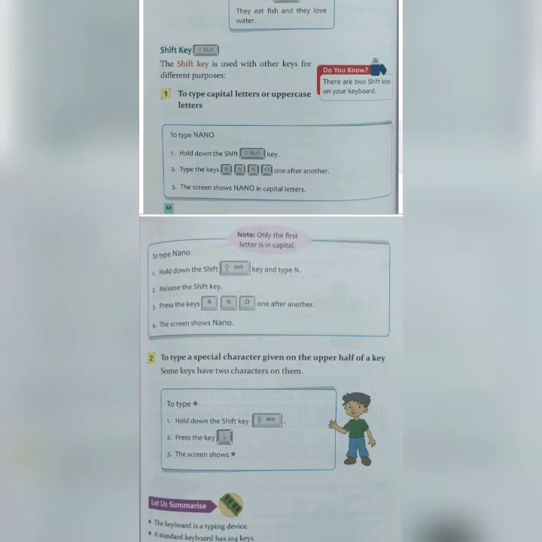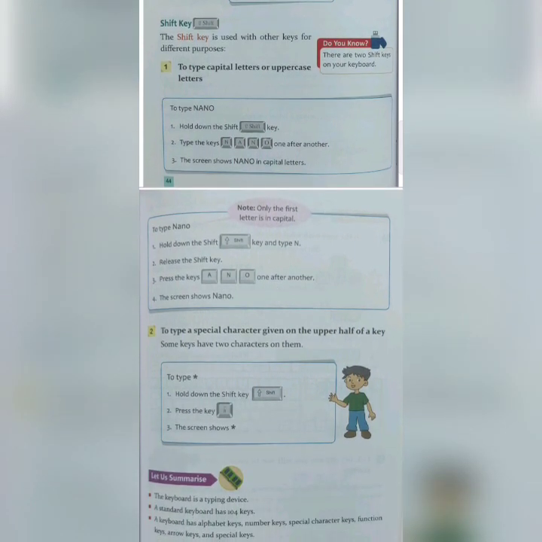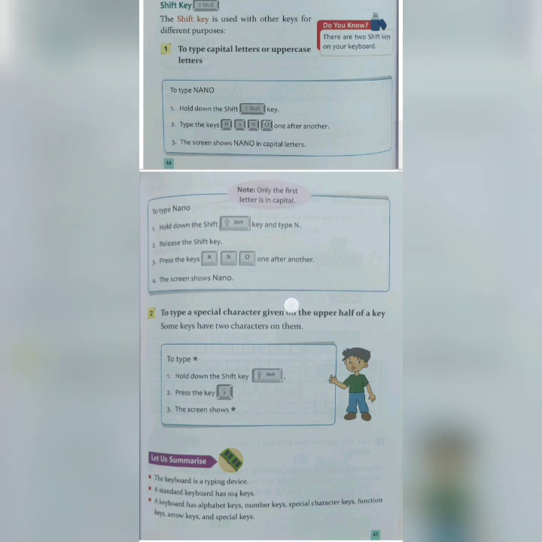Next is the shift key. The shift key is used with other keys for different purposes, such as to type capital letters or uppercase letters. Capital letters and uppercase letters are the same. In computer terms, capital letters are known as uppercase letters, and the small letters as lowercase letters.